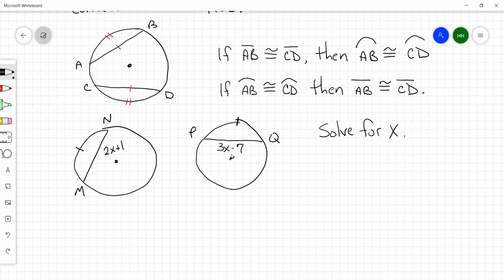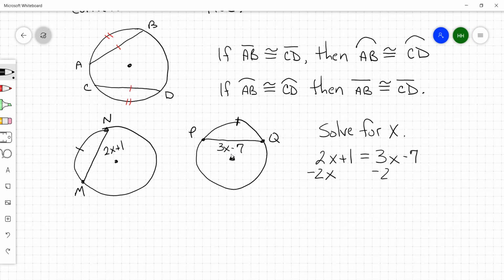Since their corresponding arcs are congruent to each other, the chords are congruent to each other. So you just set up an equation of 2x plus 1, and you set it equal to 3x minus 7. And then you can solve for x.